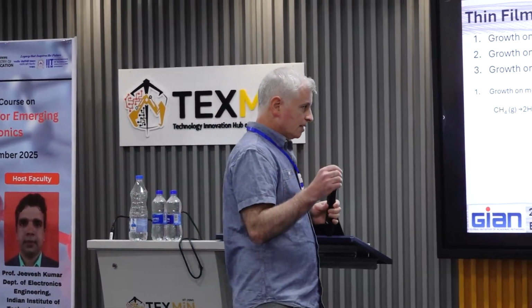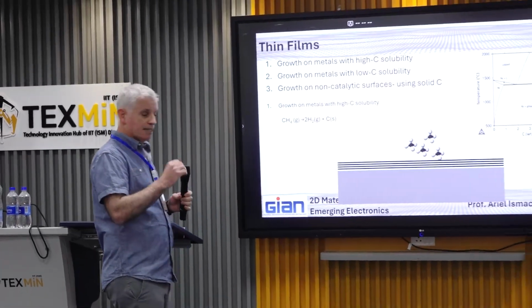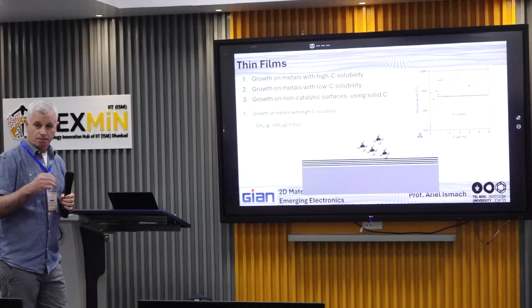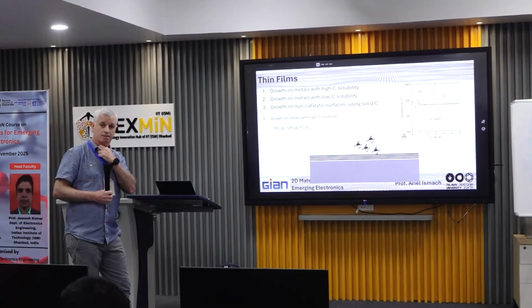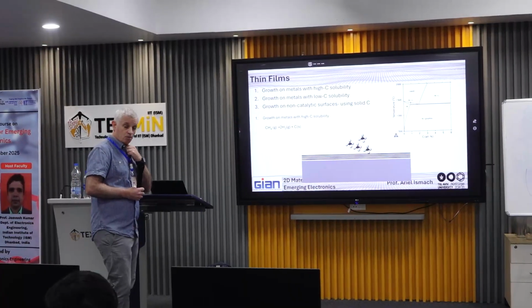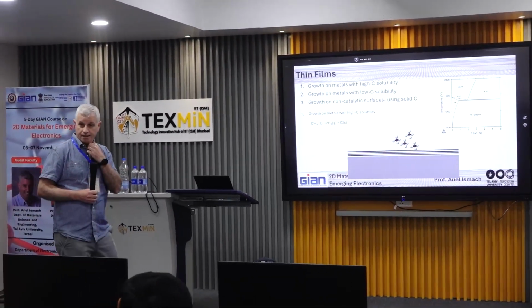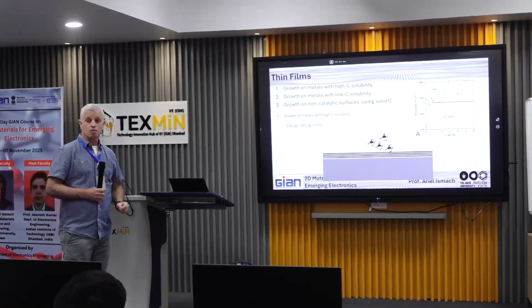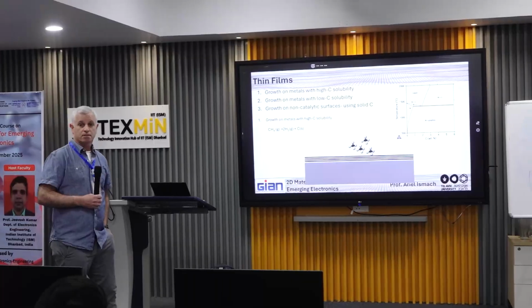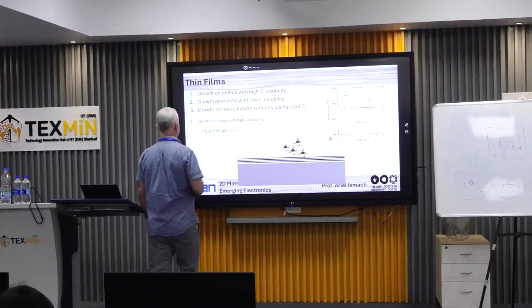Controlling the amount of carbon that you need for a single layer and reaching the kinetic conditions for a single layer on nickel is possible, but very, very hard. So that's why nickel, or metals with relatively high solubility of carbon, lead to a few layers of graphene and not a single layer. Okay, so this is something that you need to keep in mind.